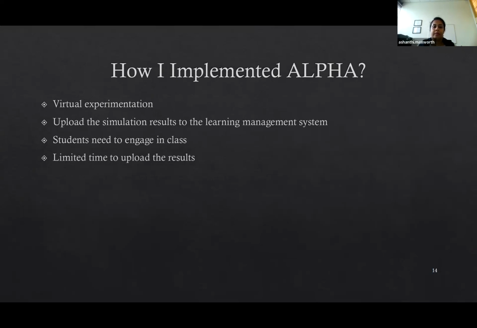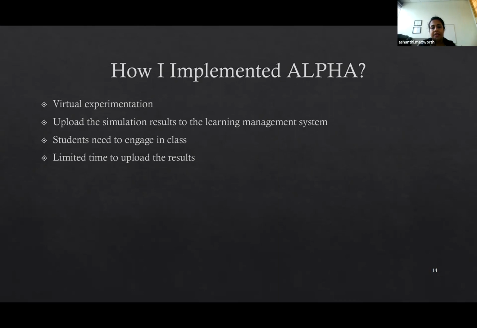One issue when you are offering a class via Zoom is that sometimes the instructor has no idea whether the students are engaging or not. So they had to use the class time to do the virtual experimentation, because at the end of every virtual experimentation, they had to upload their results to Brightspace. Brightspace is our learning management system.